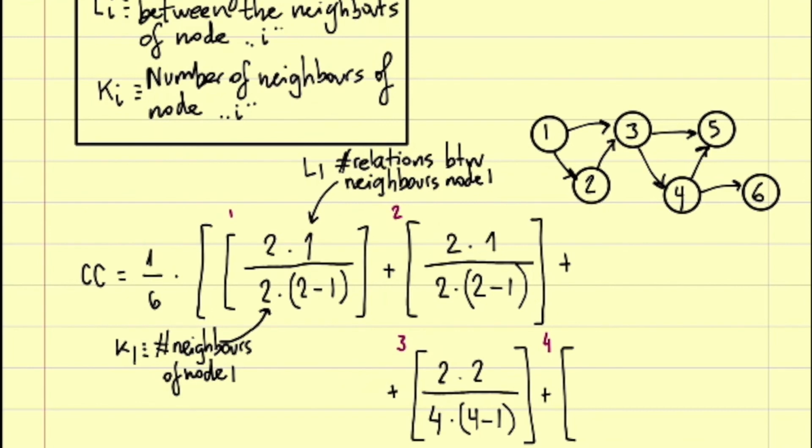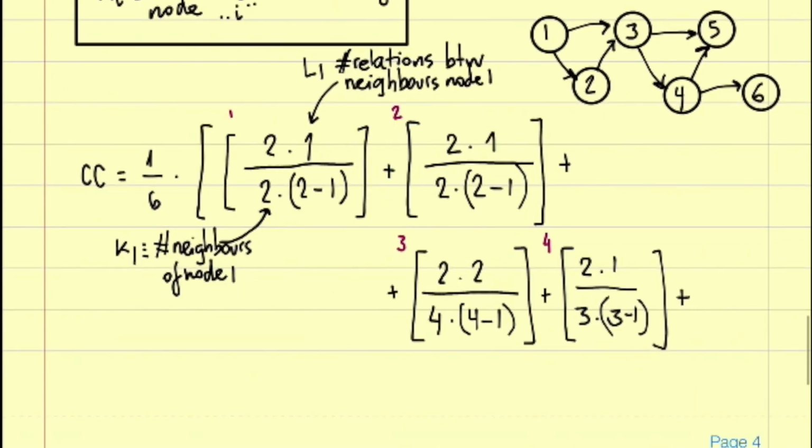The neighbors of node 4 are 1, 2, and 3, and the number of relationships between them is just 1. So this is 2 times 1 divided by 3 times 3 minus 1. Okay? Makes sense?